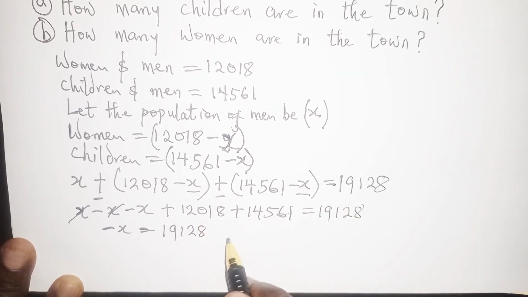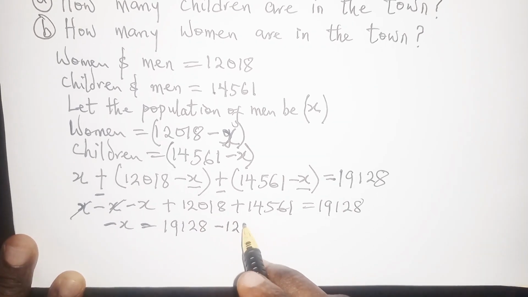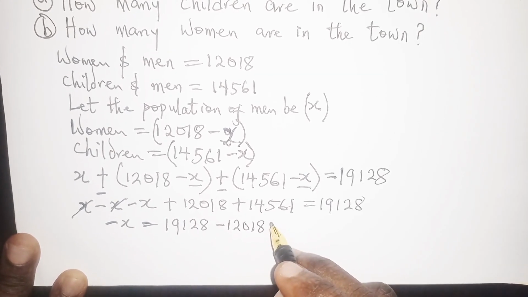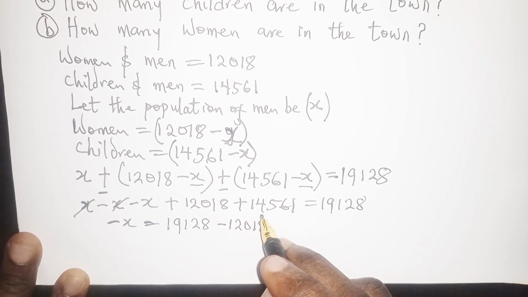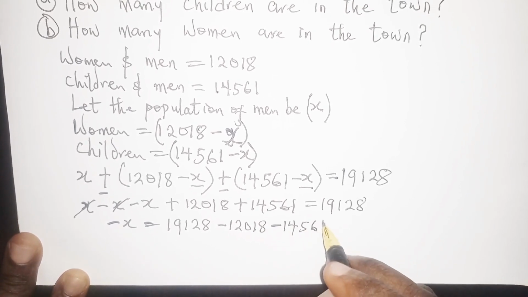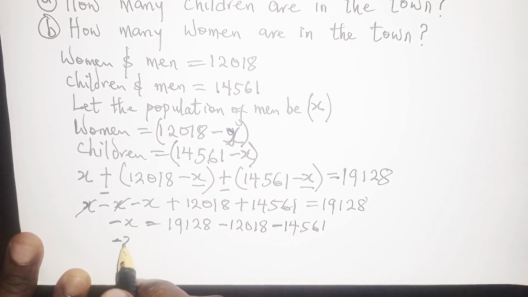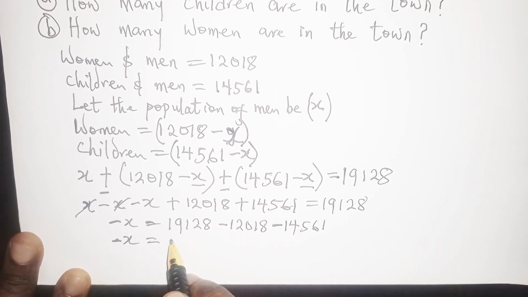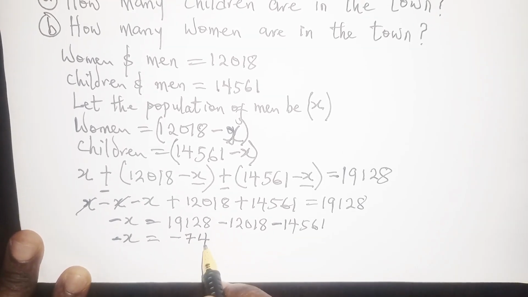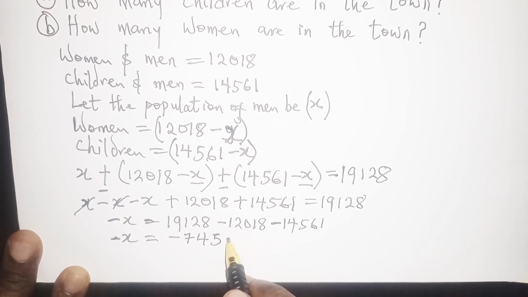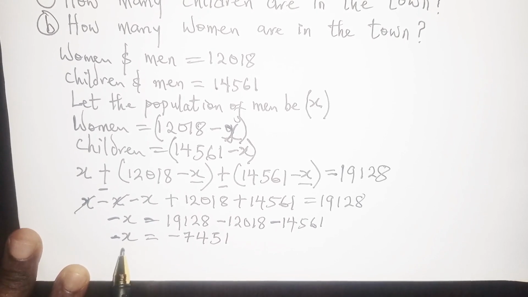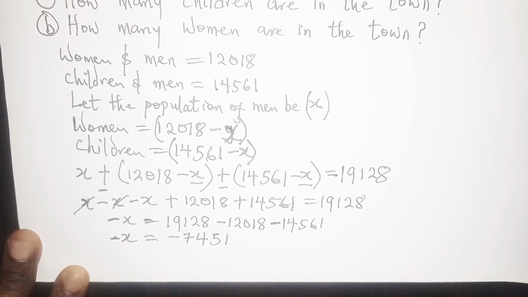Then this crosses the equality sign to become a negative number, still in the process of collecting like terms. Now this also crosses and it becomes minus 14,561. So we are now left with minus 7,451. Now since we have a negative X here, we're looking for X and not negative X.